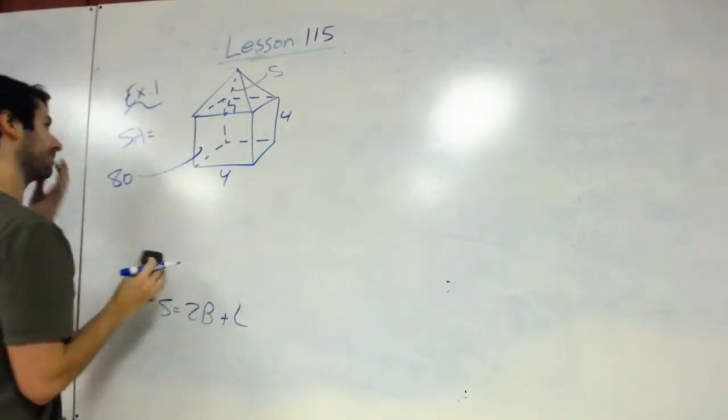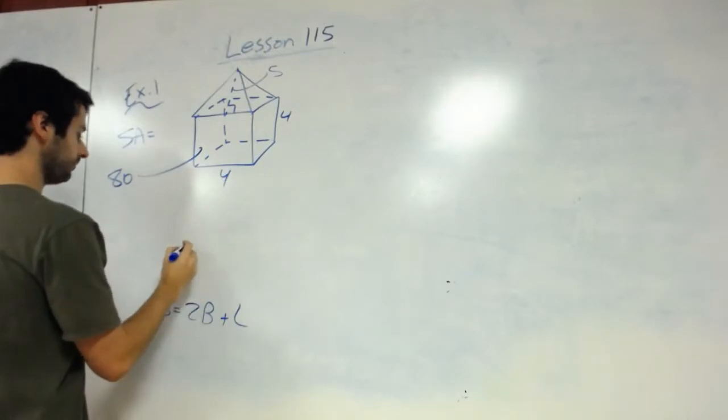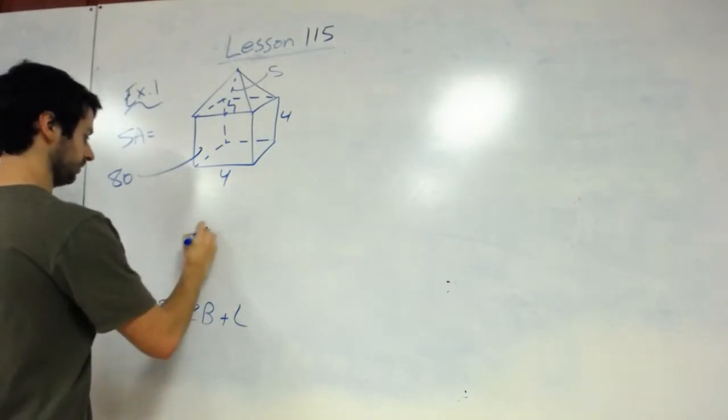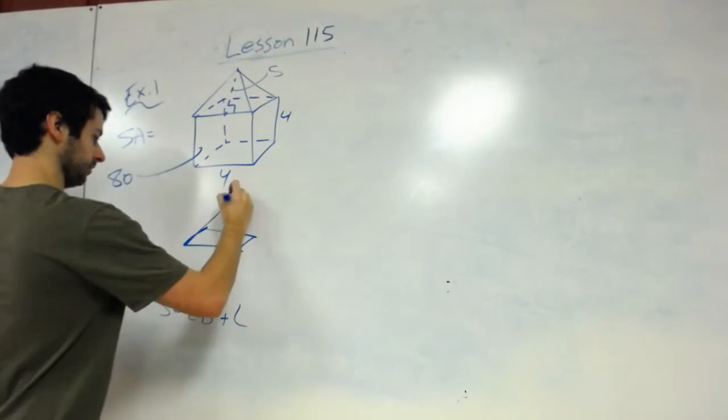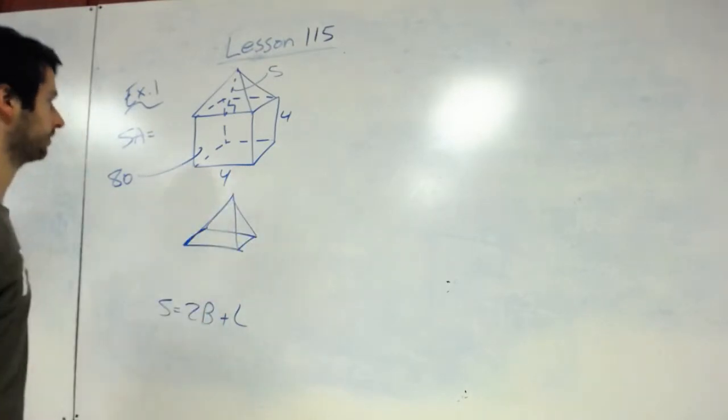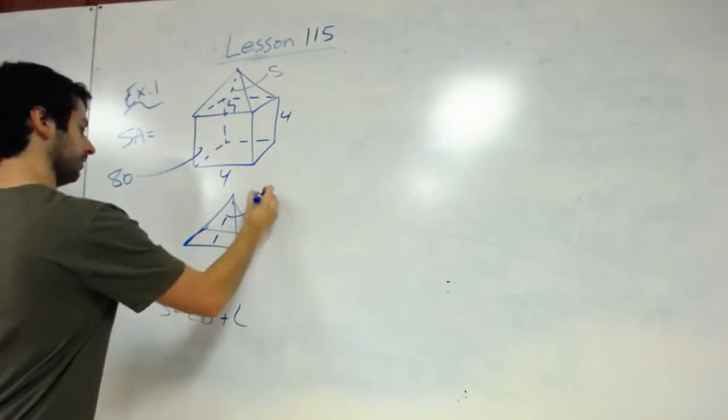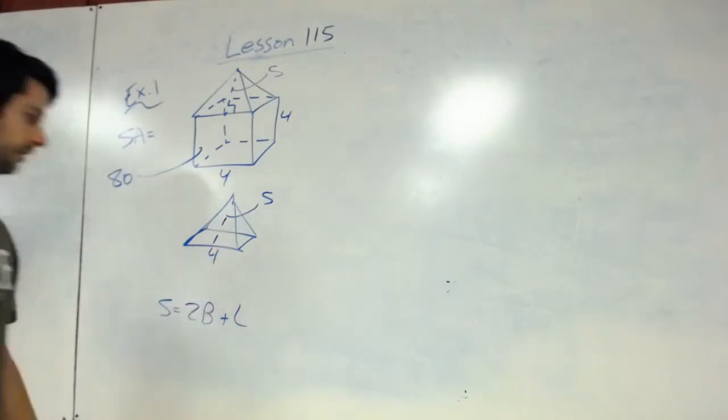Now let's talk about the pyramid. Okay, let's talk about the pyramid. So we have the height is 5 and the base is 4.